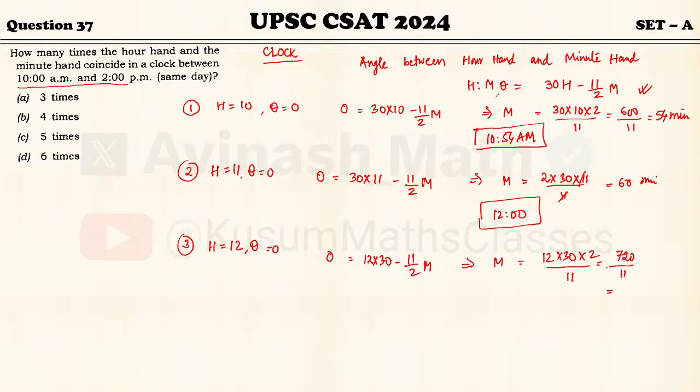So it is nothing but 65 minutes. So at around 1:05 p.m. they will again coincide. So how many times they are coinciding between 10 and 1? At 10:54 a.m., then 12, and then 1:05 p.m. So 3 times they will be coinciding.